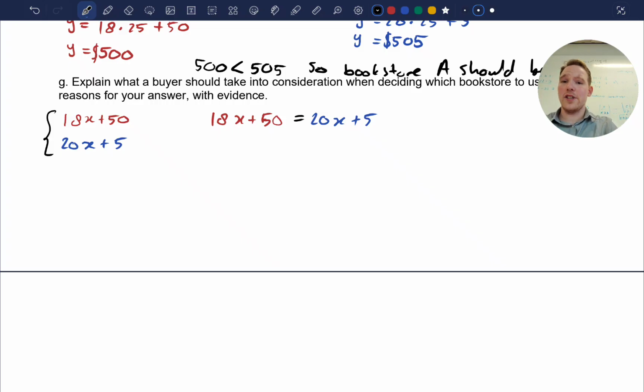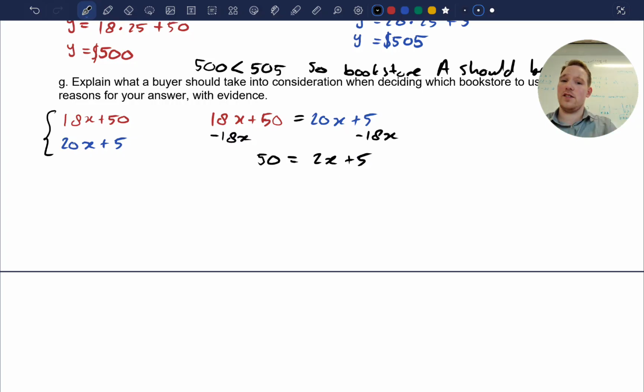To solve a simultaneous equation, we make sure we bring all the x parts to one side of the equal sign, all the numbers to the other side. So let's start by subtracting 18x on both sides, giving us 50 equals 2x plus 5.